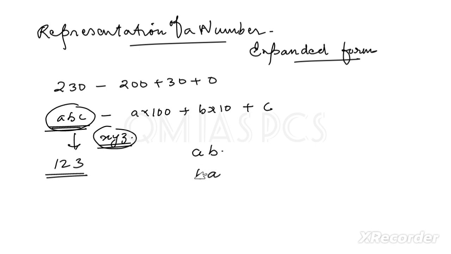Now subtract both numbers, and the result is given as 11, or some other number. Based on this, a question is given and we have to solve it. So how to solve this question?